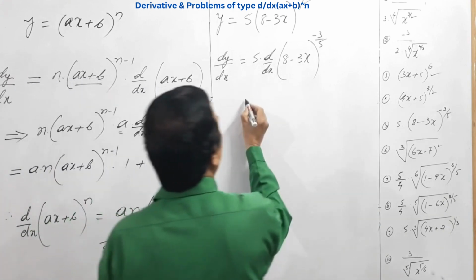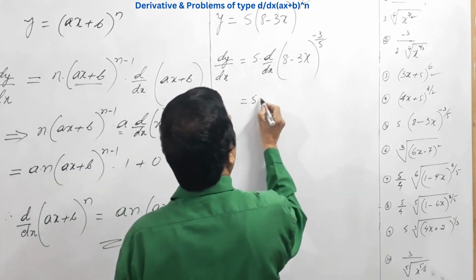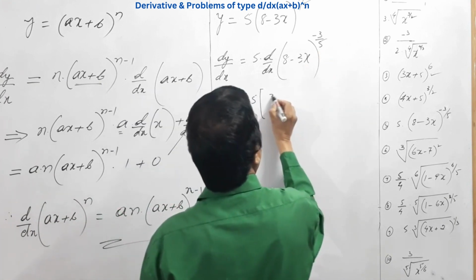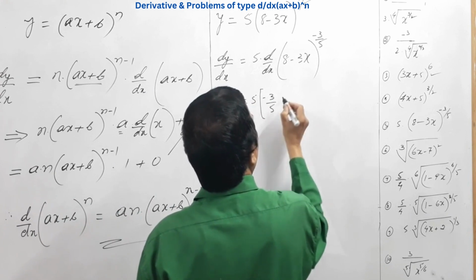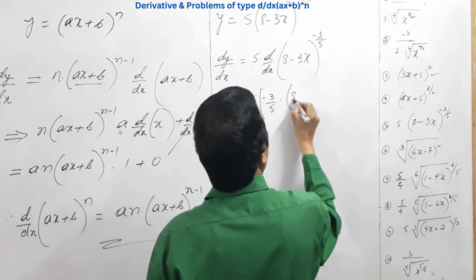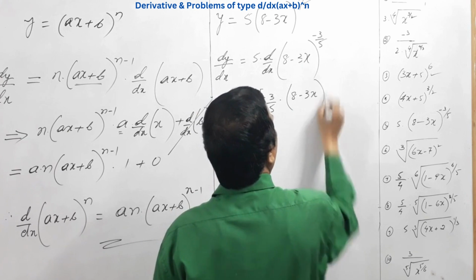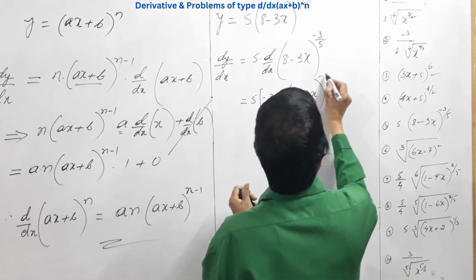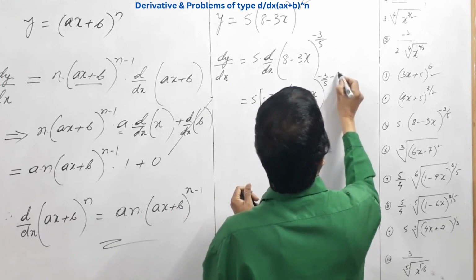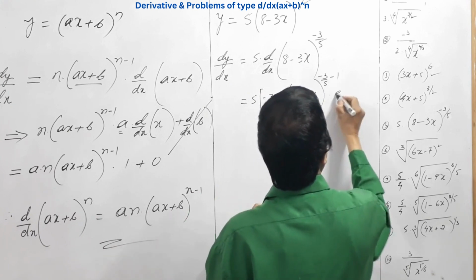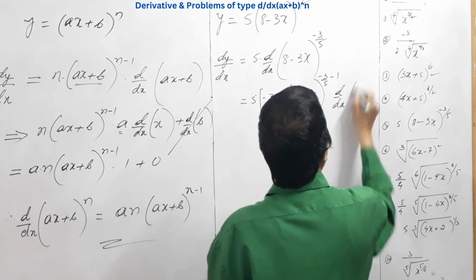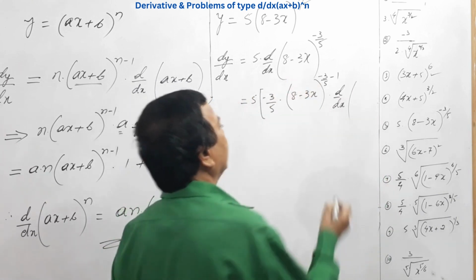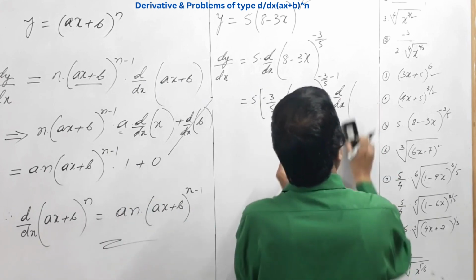So this equals what? 5, I will take a bracket. So this becomes minus 3 by 5 into (8 minus 3x) to the power of minus 3 by 5 minus 1 into d by dx of minus 3x. It is not plus, see this minus sign.